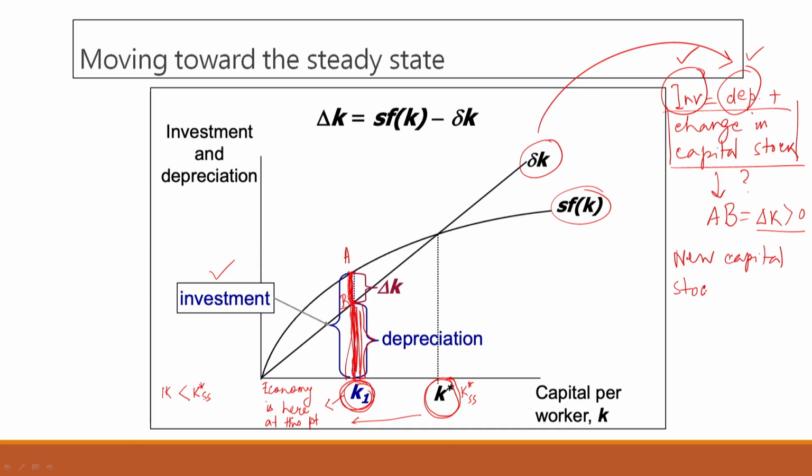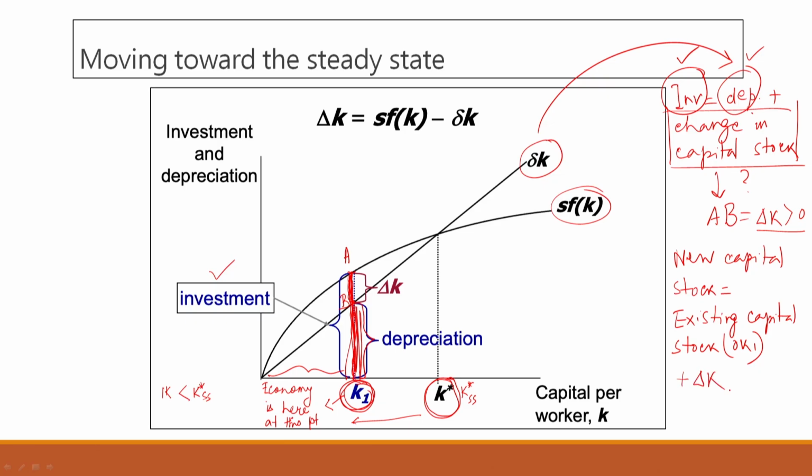The new capital stock should be the existing capital stock. And what is the existing capital stock? That is this amount, because we had started from here, plus this delta k.